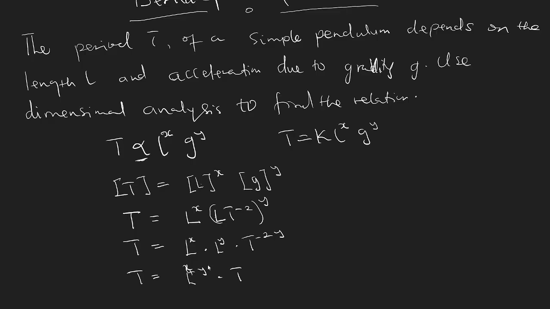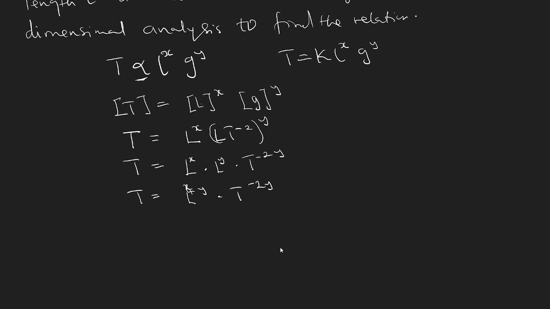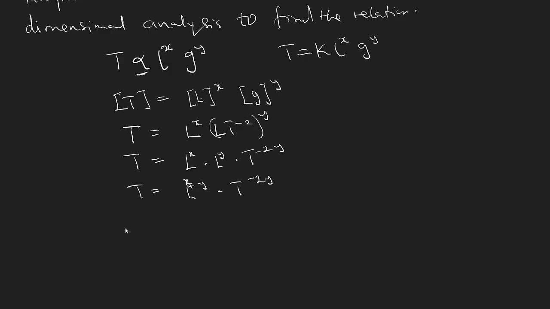So you have L exponent x plus y, then T exponent negative 2y, right? So let me write it again. T equals L exponent x plus y, then you have T exponent negative 2y. So what next?